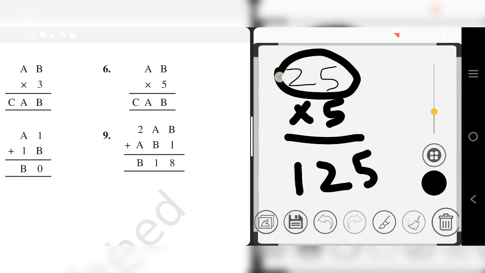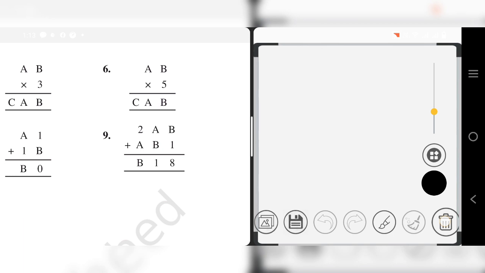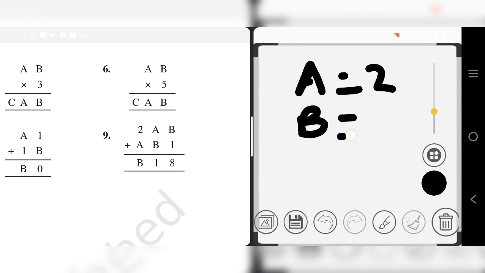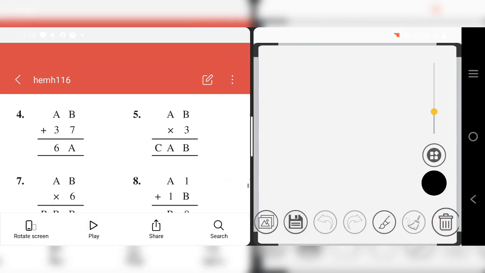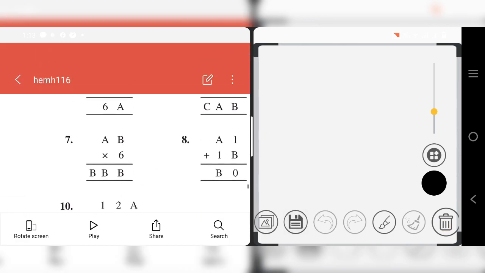So the question and the answer we got 25. So the answer also will be like this: A is equal to 2, B is equal to 5, and C is equal to 1. It could be solved like this also. Both are correct.